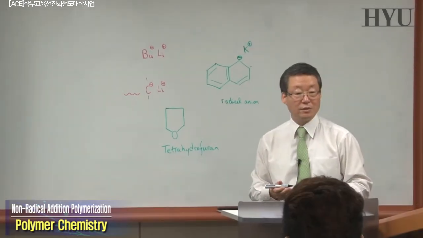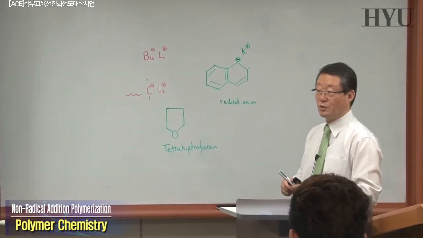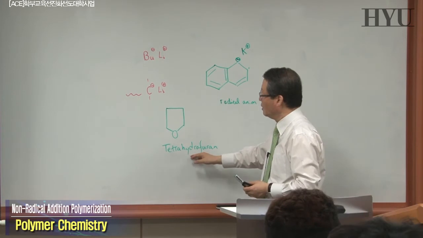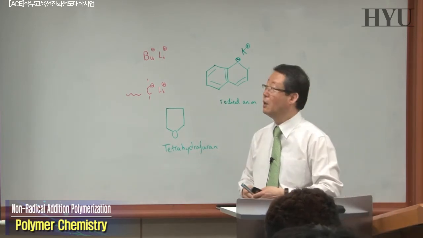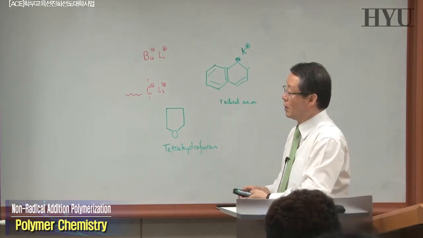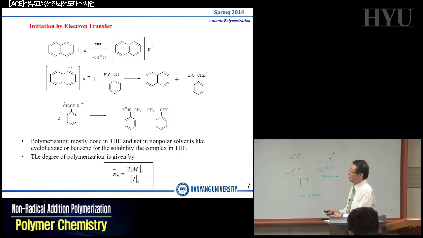The boiling point is about 50 degrees C, so it's a very volatile solvent. It's like acetone, and it's very polar. So polymerization is mostly done in THF solvent, and not in solvents like cyclohexane or benzene, where this was not possible.